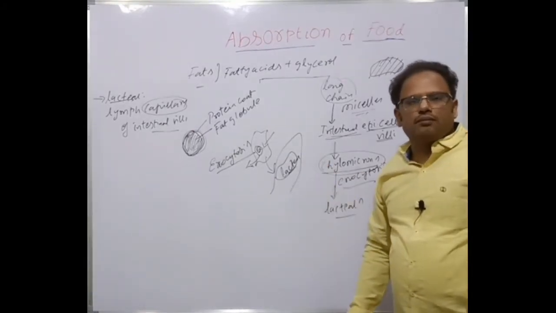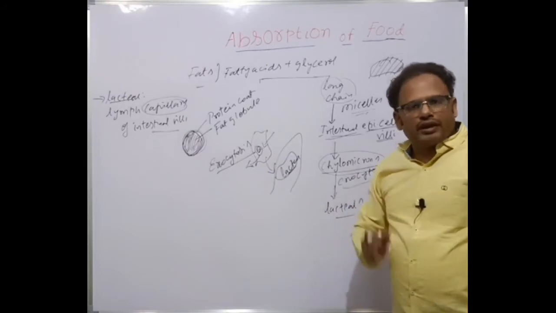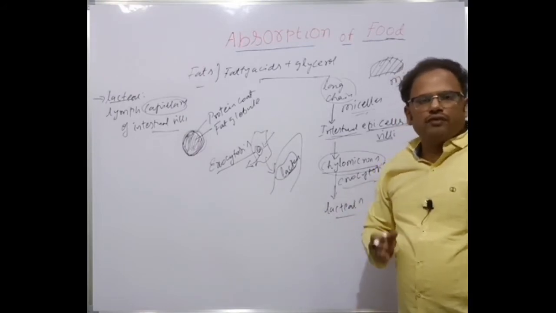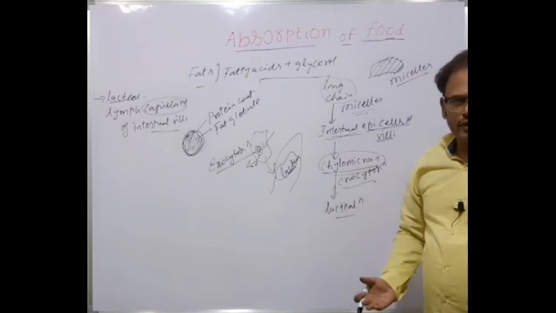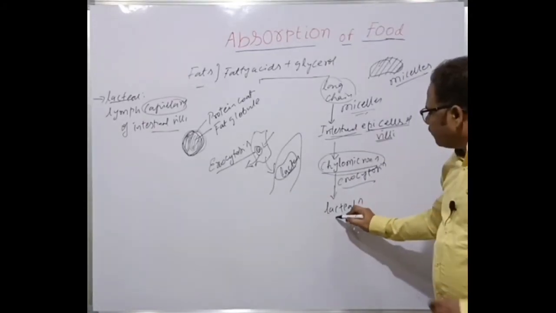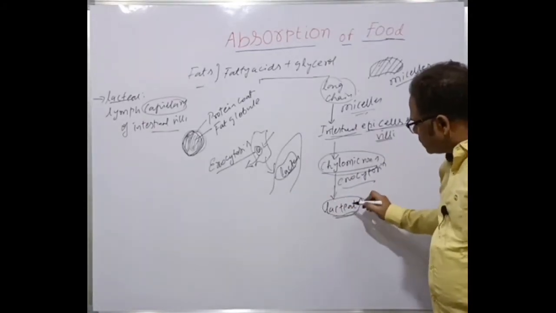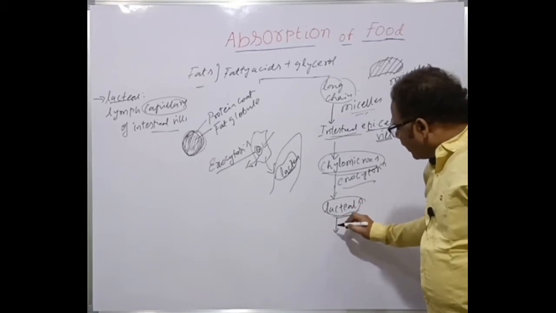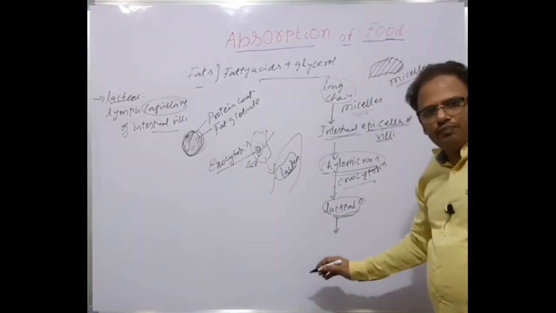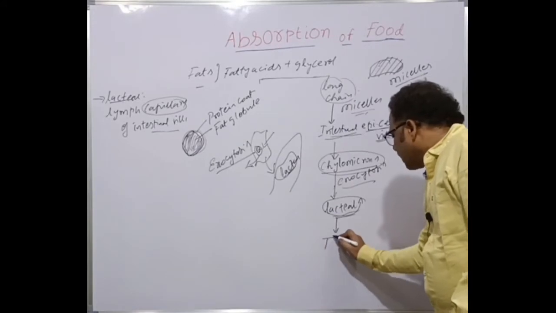The lymphatic system comprises the lymph capillaries, lymph vessels, lymphatic ducts, and of course the lymph. From the lacteals, because it enters the lymphatic system, it is carried by the thoracic duct.